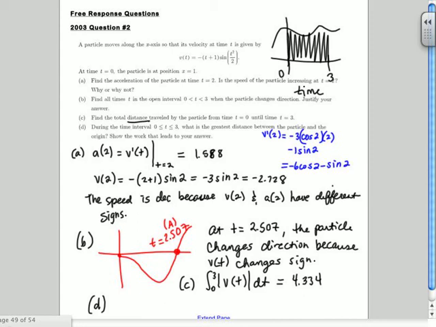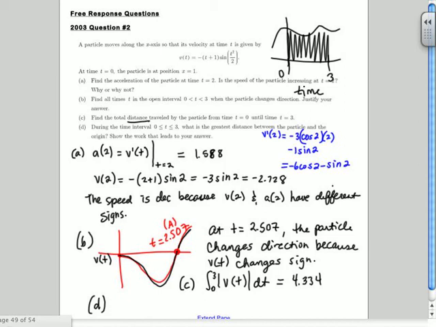Okay, D, so during the time interval 0 to 3, what is the greatest distance between the particle and the origin? Show the work that leads to your answer. So what do you guys think for the greatest distance? Looking at your graph of velocity, you were negative, and then all of a sudden your velocity went positive.